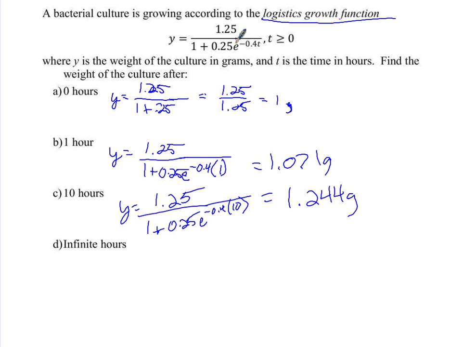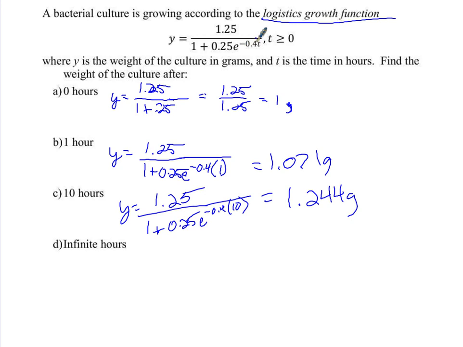If t goes to infinity, what happens to this part of the denominator? E raised to any power times a constant, so infinity. You've left off one small detail: the negative. The negative exponent makes this go to negative infinity.